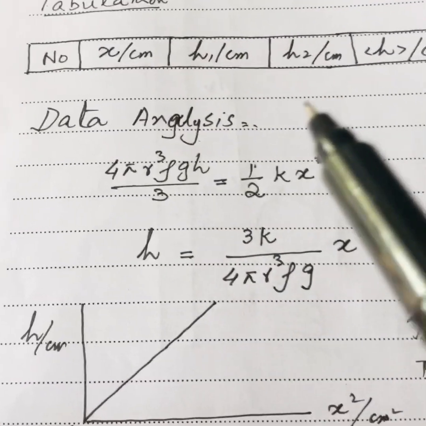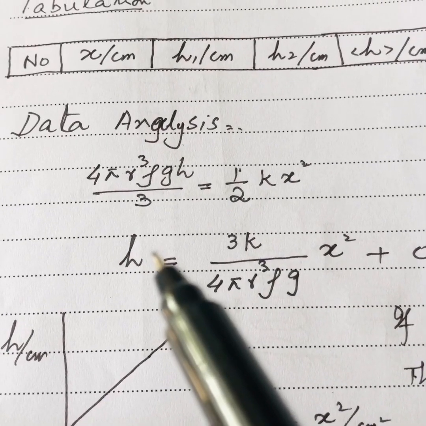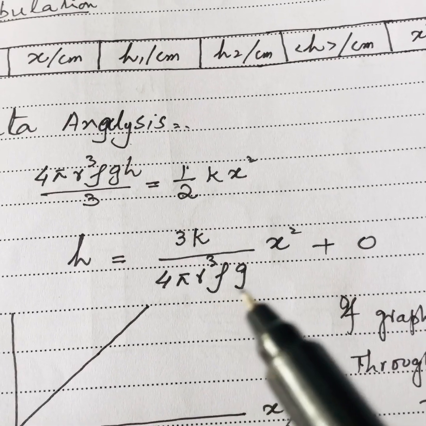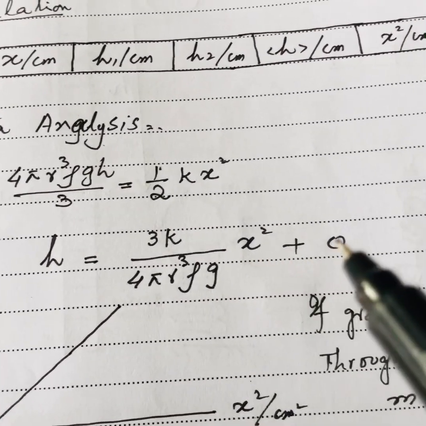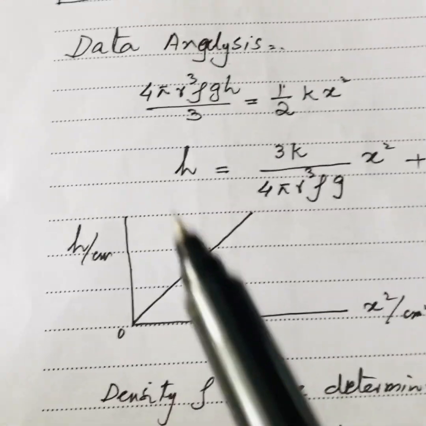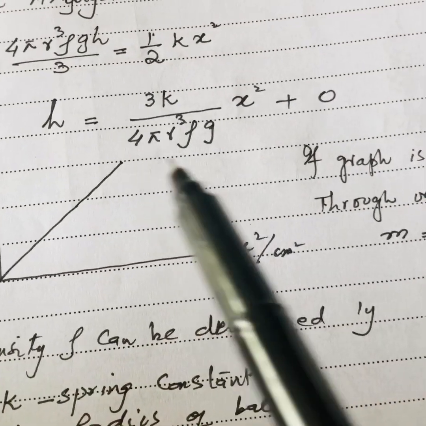Then the data analysis. The equation is given; make the dependent variable the subject of the equation. So H is equal to 3K over 4 pi R cubed rho g, times X squared, and the y-intercept is 0. So when X squared is plotted on the x-axis and H on the y-axis, we get a straight line passing through the origin, and this portion is the gradient.